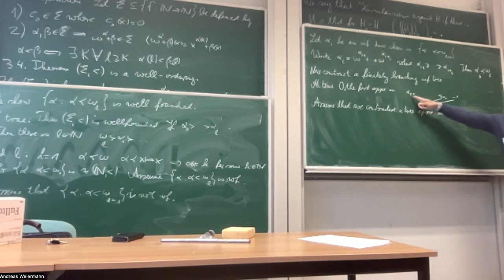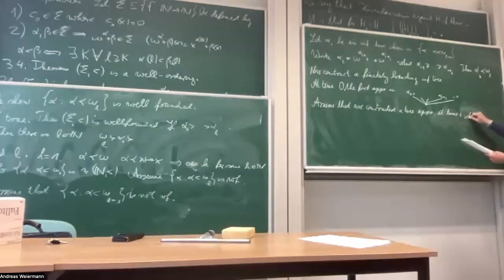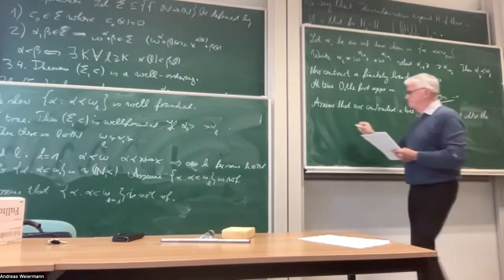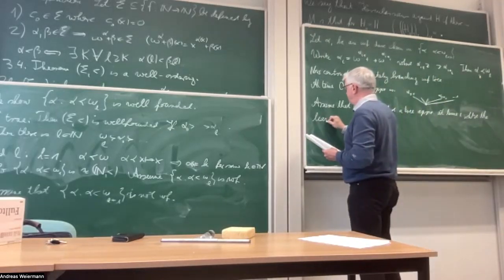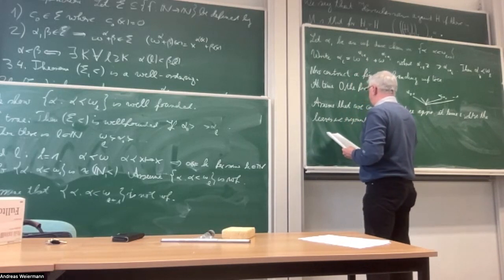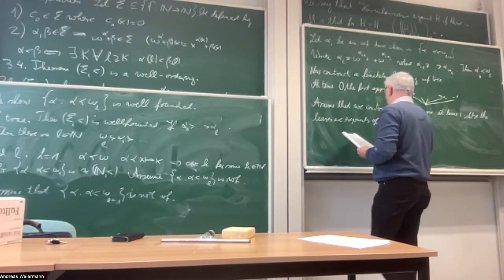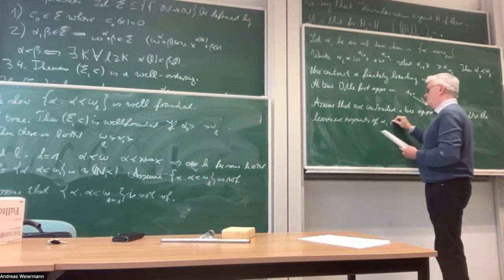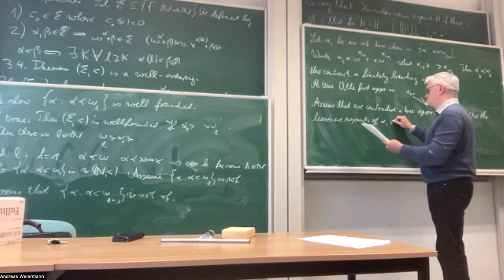Now what you see here, the leaves are ordinals or -1. So the leaves are exponents of alpha i or -1.